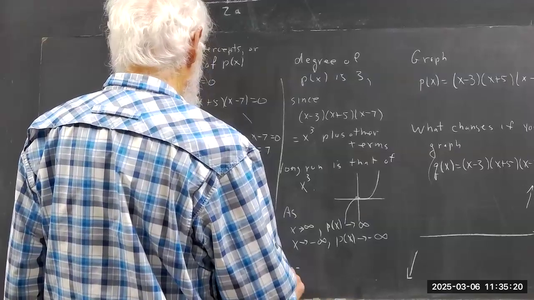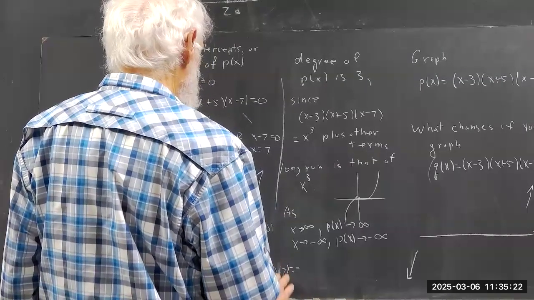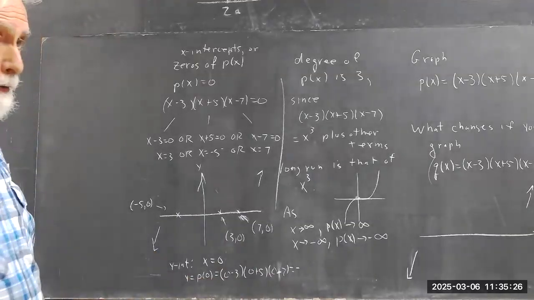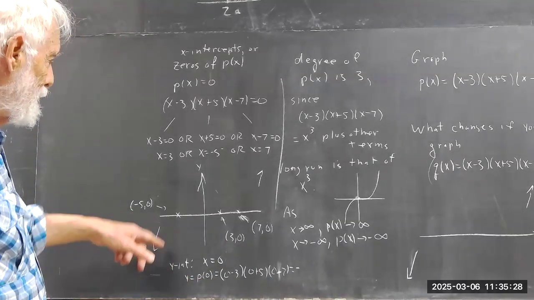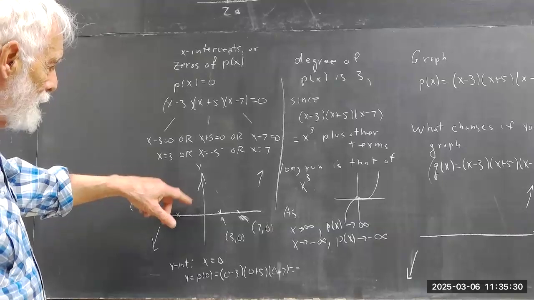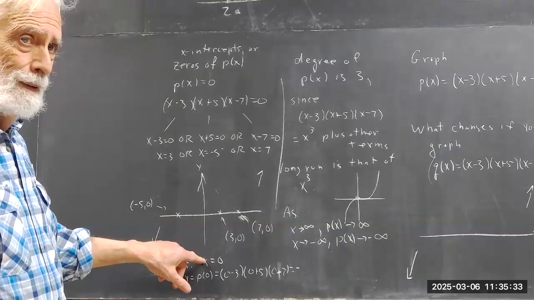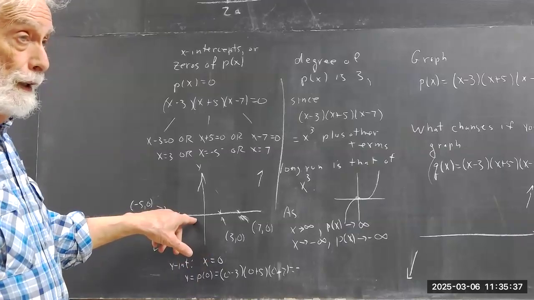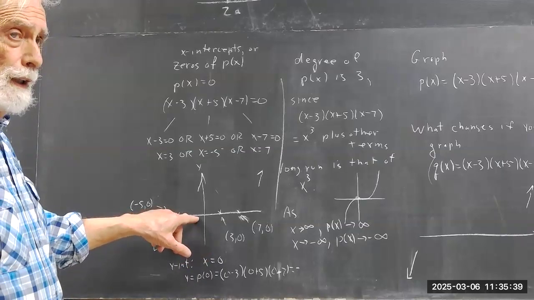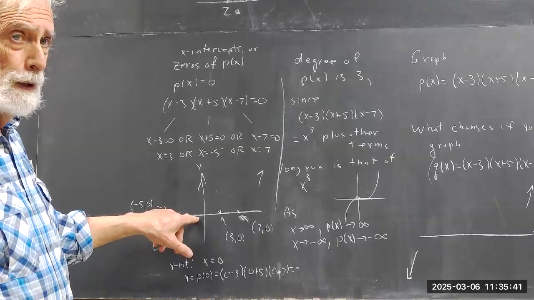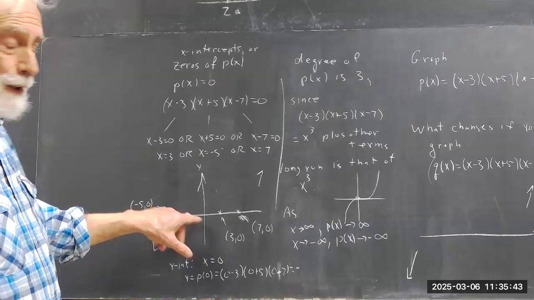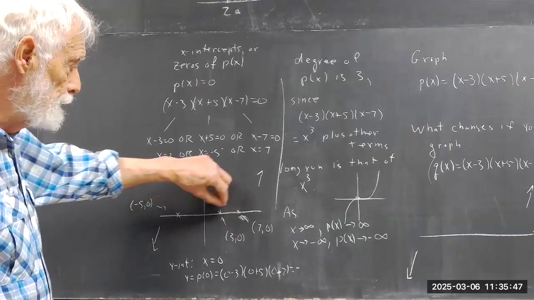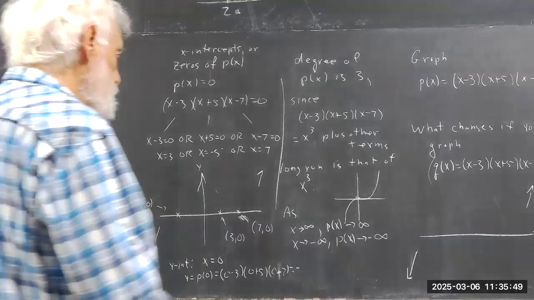Uh-oh. No, it's 0 minus 7. If it was negative 105, I'd be in bad shape, because I can't come up through here and get back down to negative 105 without going through the x-axis. If I go through the x-axis, then P of x is 0, but it can't be 0 there. It can only be 0 here, here, or here. So we can only go through the x-axis at these 3 points.